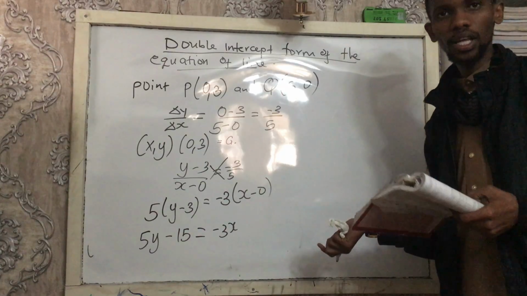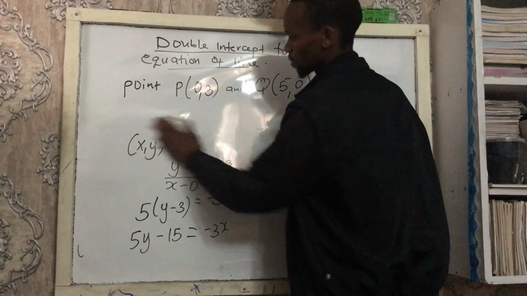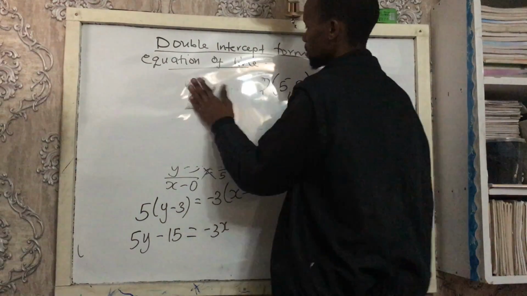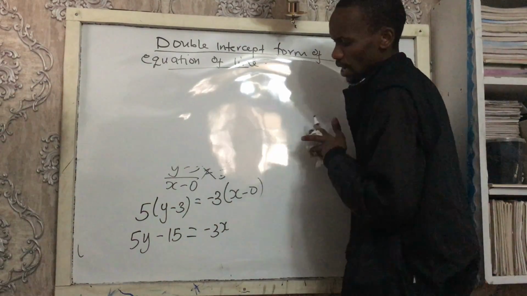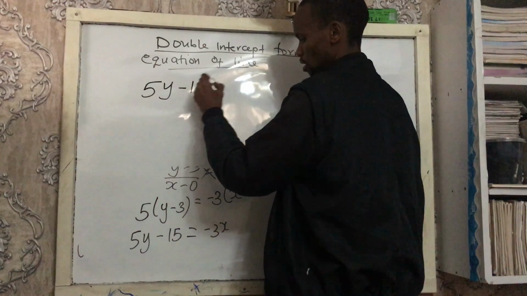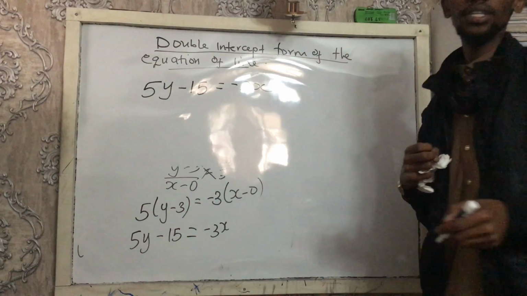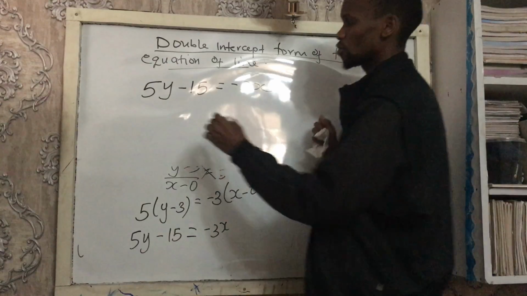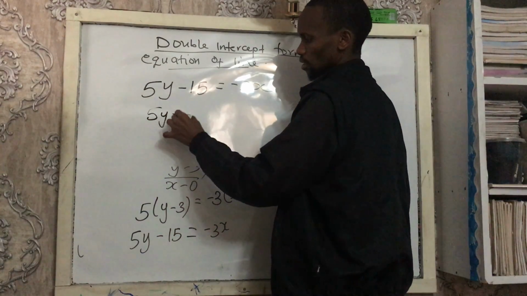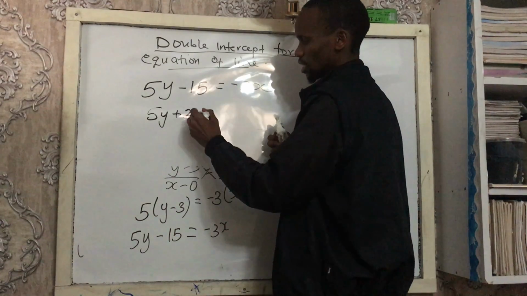Whatever we had was 5y minus 15 equals minus 3x, so I need to take 3x to the other side. So 5y plus 3x is equal to 15.